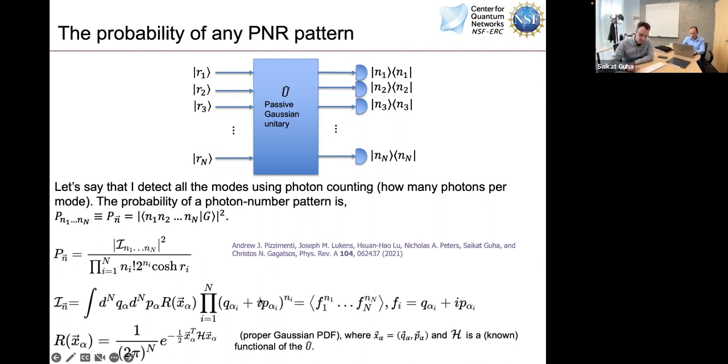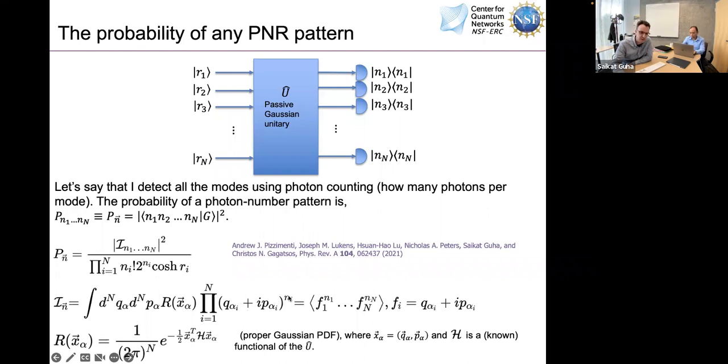Now, what I recognize here, therefore, is that the PNR pattern is the mean value of these linear quantities. These are the positions and the momenta of each one of the modes of my fields. So this is a mean value problem.